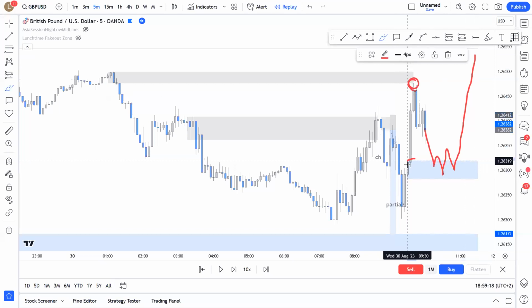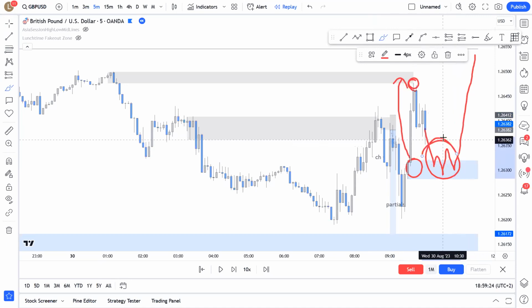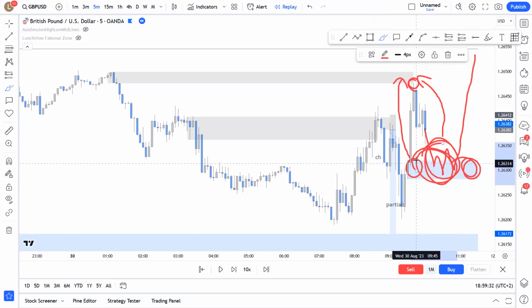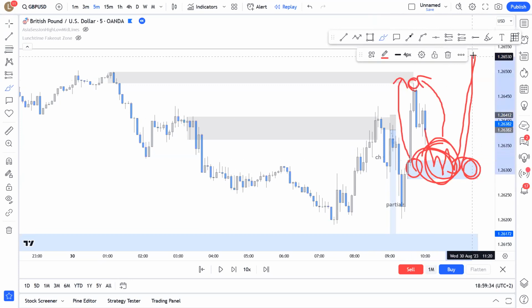If this demand is getting confirmed, that causes the mitigation of this supply, then it will prove that the mitigation of this supply will be weak, and if this demand is stronger than this supply, and it can be proven by this confirmation, then it means that price will go long and it won't go short.